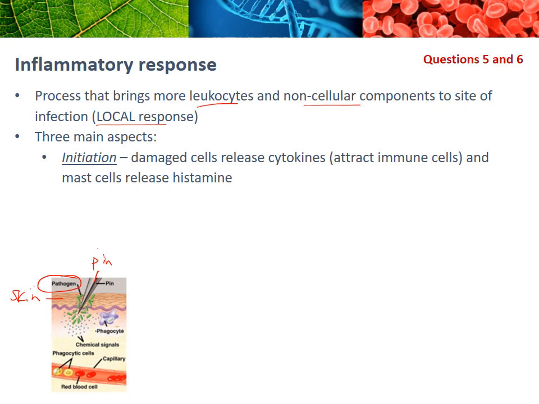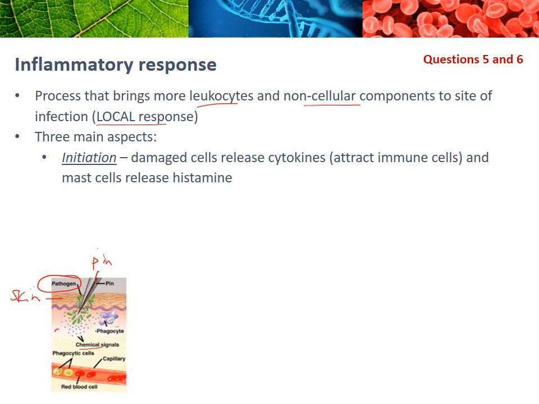So when the skin gets broken, this pathogen has breached the barrier and is in the body. Okay, the damaged cells will release cytokines, so these kind of chemical signals here, to attract immune cells. And remember, we looked at mast cells. They're a specific type of cell.